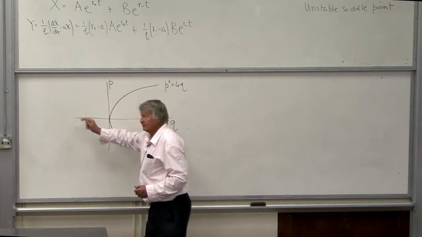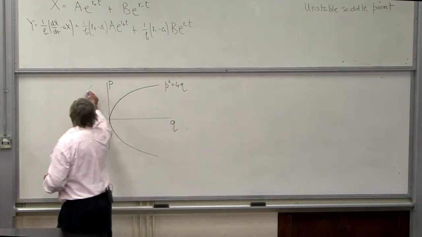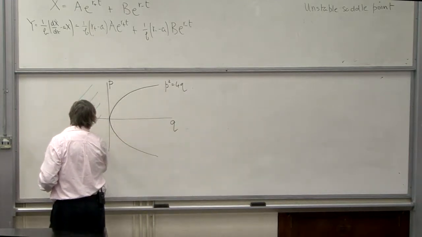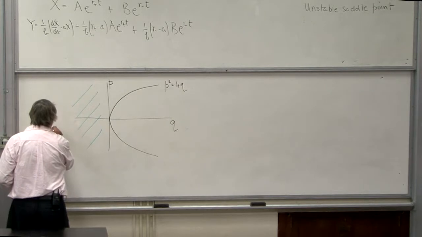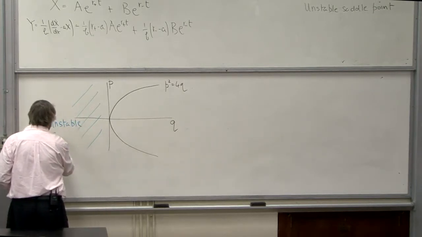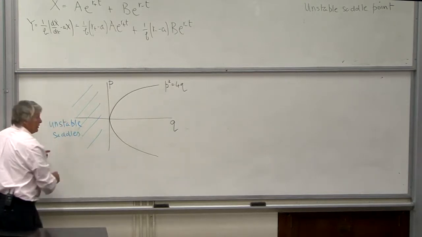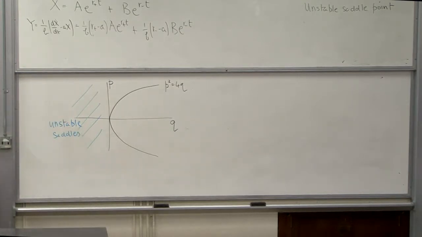Here and here. The case 1A, we took Q less than 0. So anywhere over here, whether P is positive or negative, we have unstable saddles. And each of them have these things we call stable and unstable manifolds. If you remember, they divide up this phase plane near the unstable saddle point. Okay, so that's case 1A.